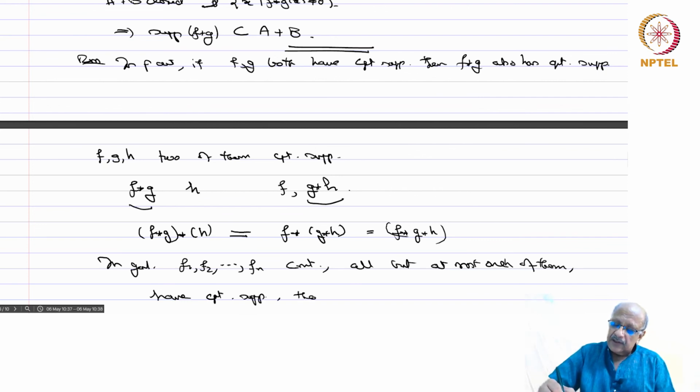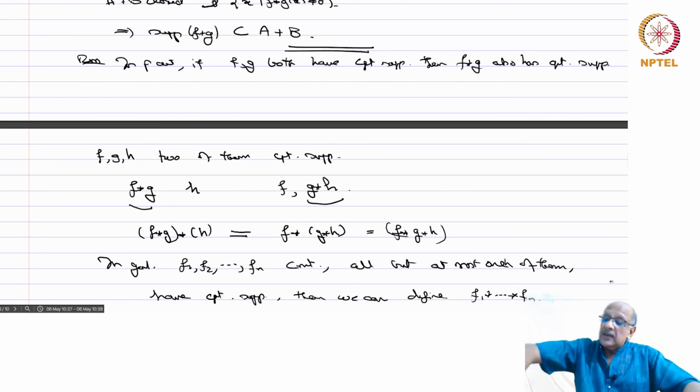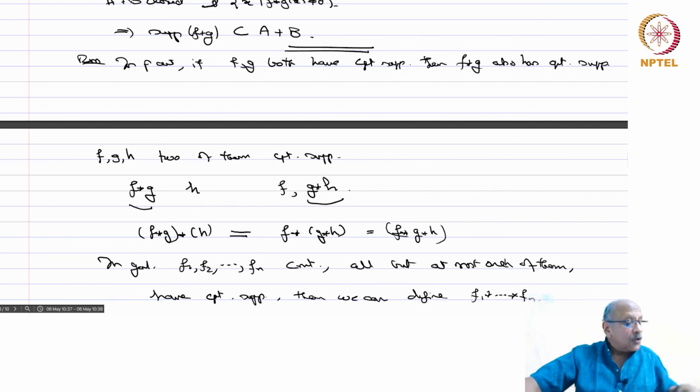Then we can define f_1 star ... star f_n 2 by 2, the same way as I did for 3 functions.